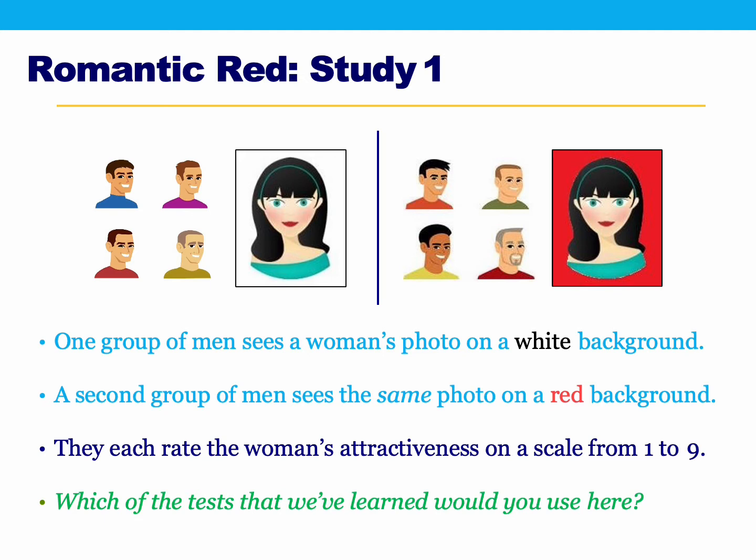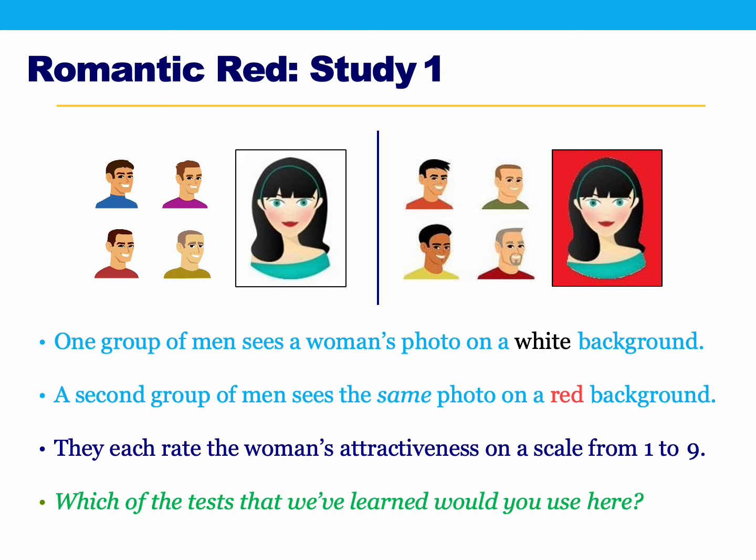So think for just a moment, which of the inferential statistical tests that we've talked about would be appropriate for this experiment? Again, we had one group of men see a picture of a woman on a white background, and one group of men see a picture of the same woman on a red background.